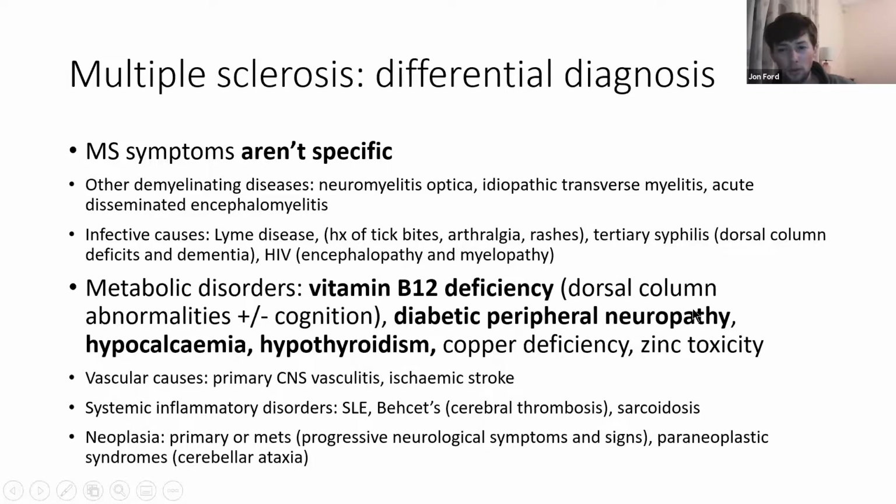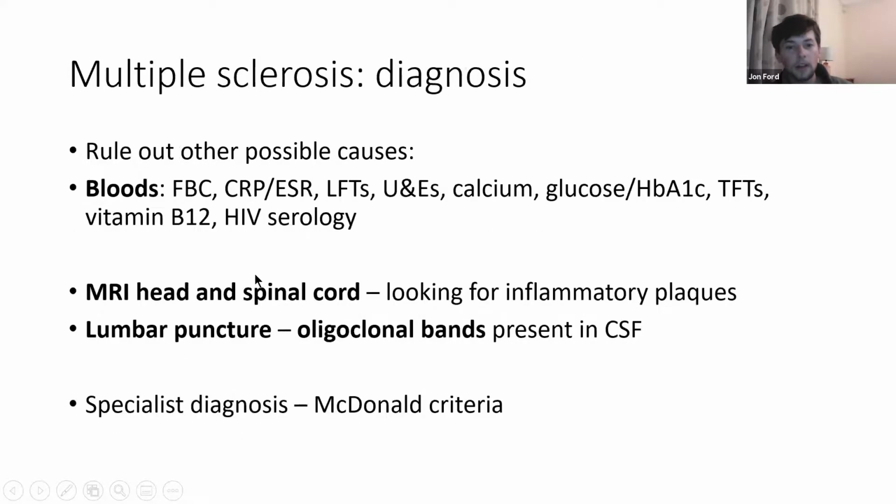Diabetic peripheral neuropathy might cause isolated sensory symptoms. Hypocalcemia and hypothyroidism you can easily rule out with blood tests, as with copper and zinc issues. This other stuff's worth having an awareness of, but it's basically going through your surgical sieve and having a think, but you can have a look on the slide later.